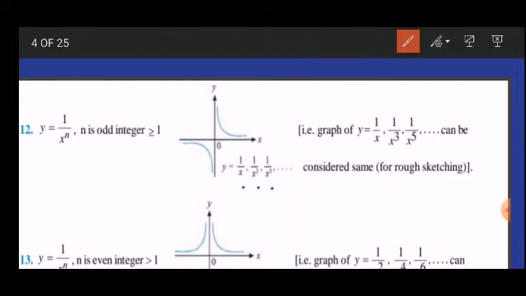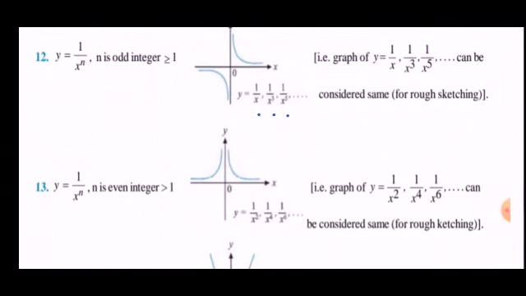If there is an odd power on x, the graph lies in the first and third quadrants. And if there is an even power on the x variable, then the graph lies in the first and second quadrants.